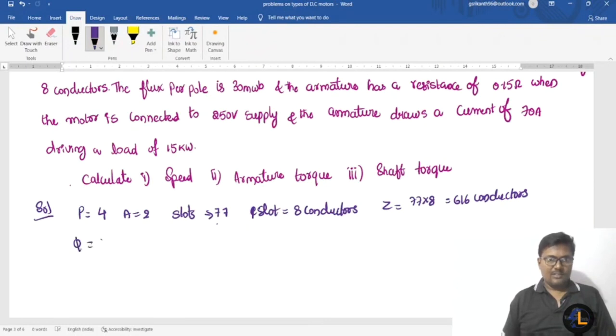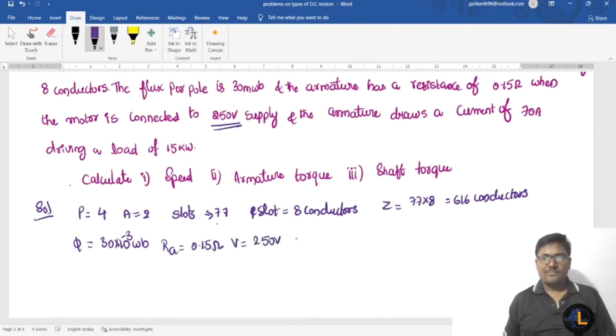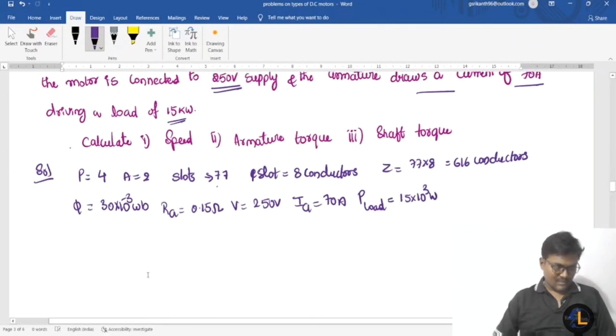The flux per pole is 30 × 10^-3 Weber. The armature resistance is 0.15 ohms. When the motor is connected to a 250 volts supply, the armature draws a current of 70 amperes, driving a load with output power of 15 × 10^3 watts.